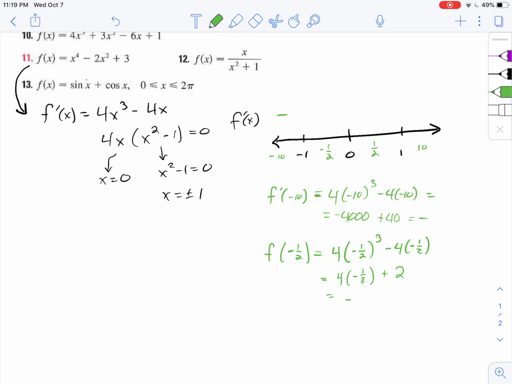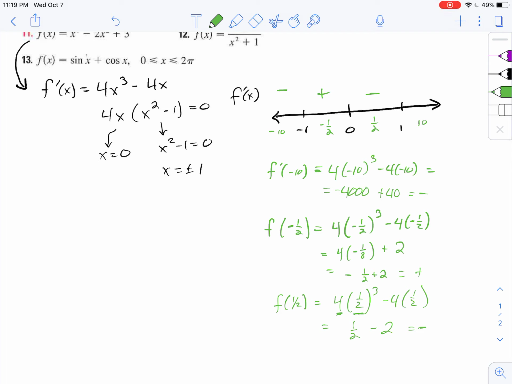So this is negative 1/2 plus 2, and that's positive. If I plug in just 1/2, that gives me 4 times 1/2 cubed minus 4 times 1/2. This is 4 times 1/8, so that's 4 over 8, which is 1/2, and then minus 2, so that's negative.